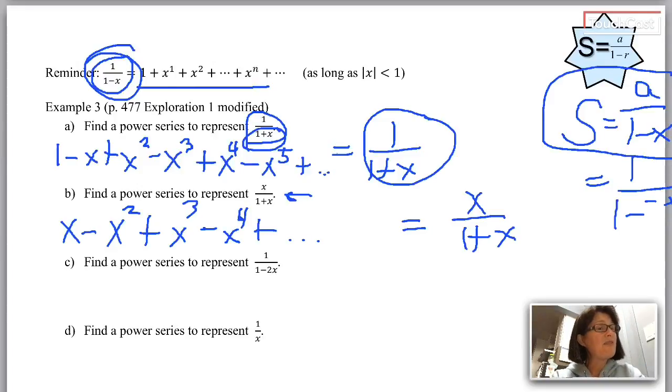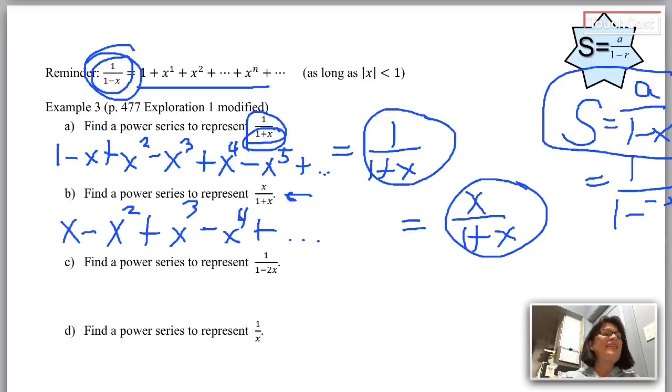So there, on the left, if you type this into your calculator, x minus x squared plus x cubed minus x to the fourth plus dot, and you kept going, I don't know how many terms, 5, 10, 15 terms, and you graphed this at the same time, they would be indistinguishable. At least for the places where x is between negative 1 and 1. Like I said, we're going to do some graphing in class tomorrow to help you believe that.